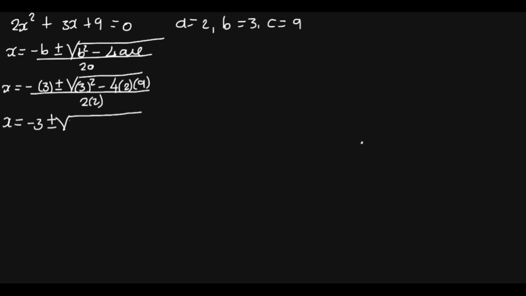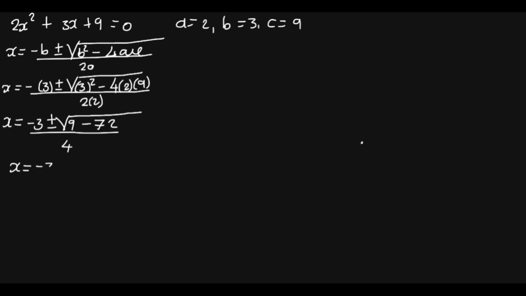3 times 3 is 9 minus. Now 4 times 2 is 8, times 9. So 8 times 9 is 72, over 4.